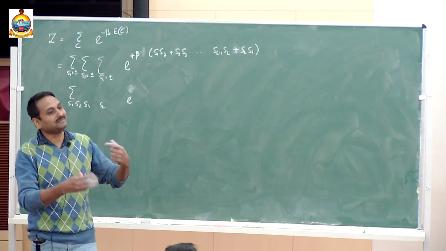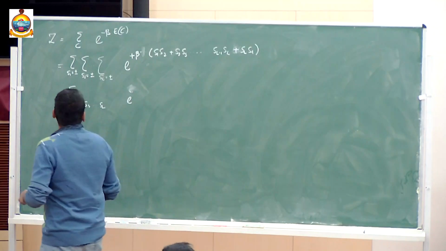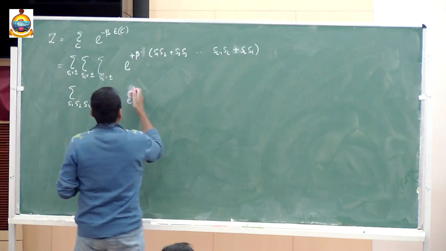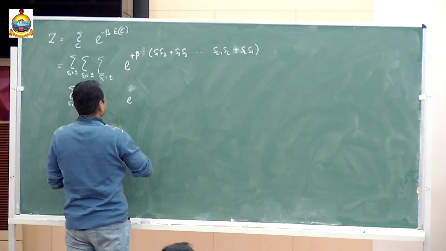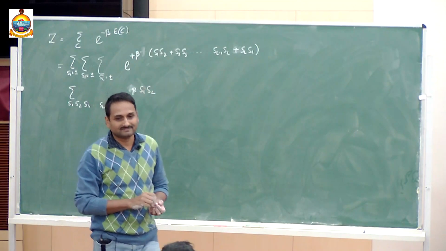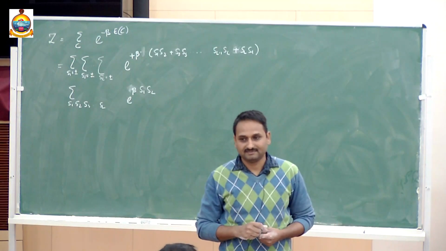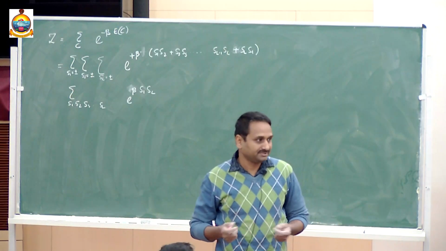I'm measuring energy in units of J. So e to the power beta and this. Another way to say it is that whatever rescaling you do, beta times J always remains the same.